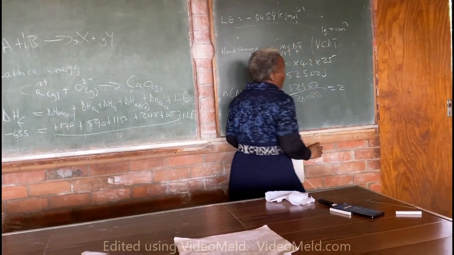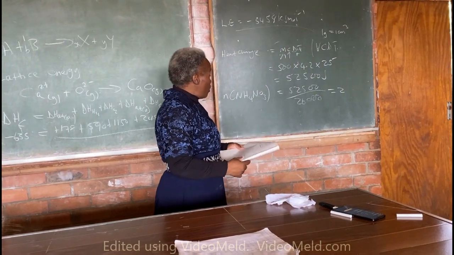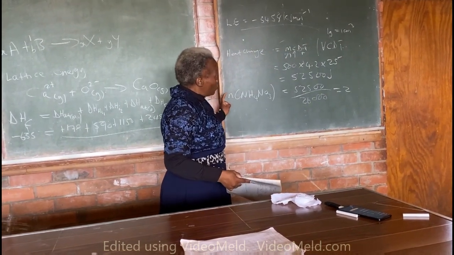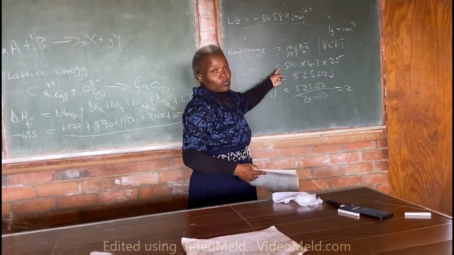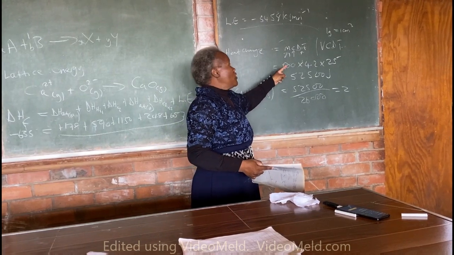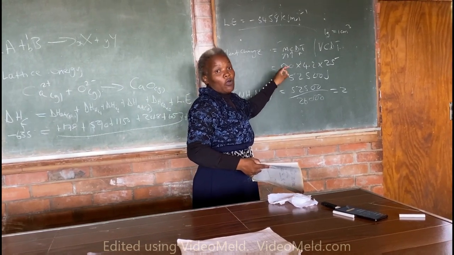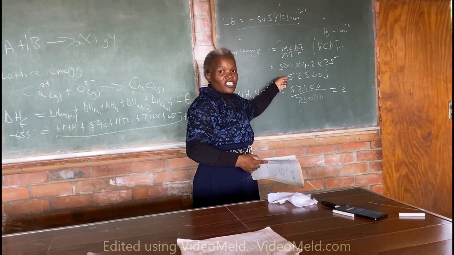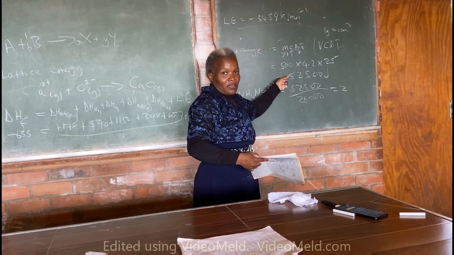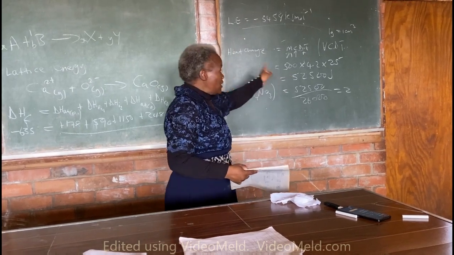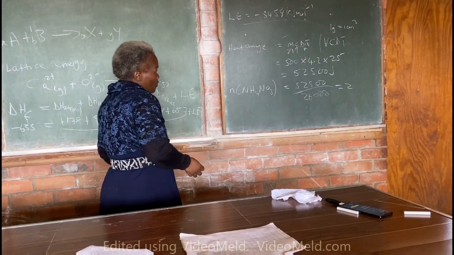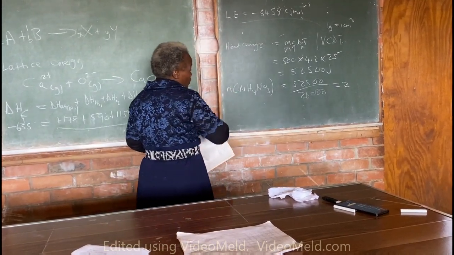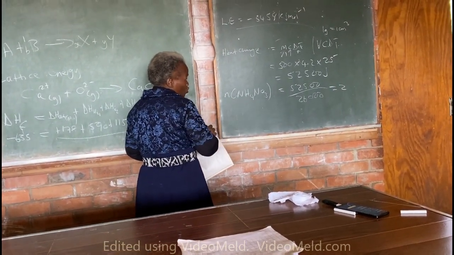So 2 moles of ammonium nitrate must dissolve in order for me to absorb this amount of heat energy, or for there to be a drop in temperature of this magnitude, since the reaction is endothermic. That is the energy which will result in the 25-degree change, and that is due to 2 moles.